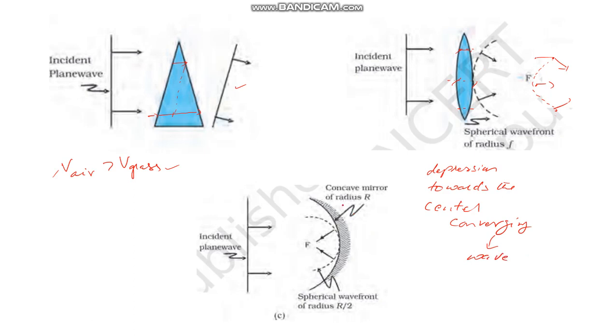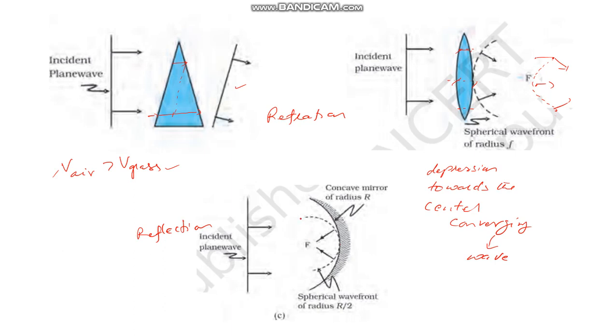If you take the case of a concave mirror, here also the situation is similar. Here we are discussing reflection. These two cases were refraction. Okay. In the case of reflection also, you will see the depression towards the center, and here the light rays will quickly return, but here there will be a delay.